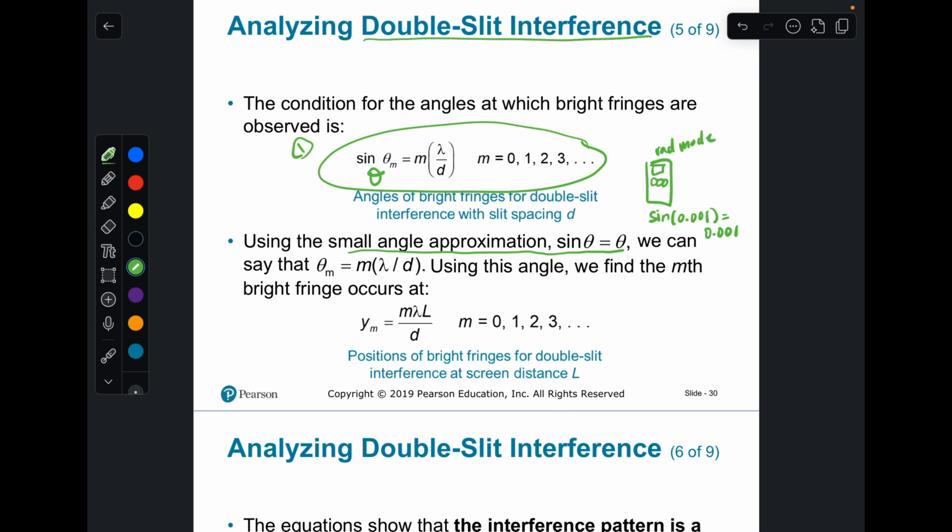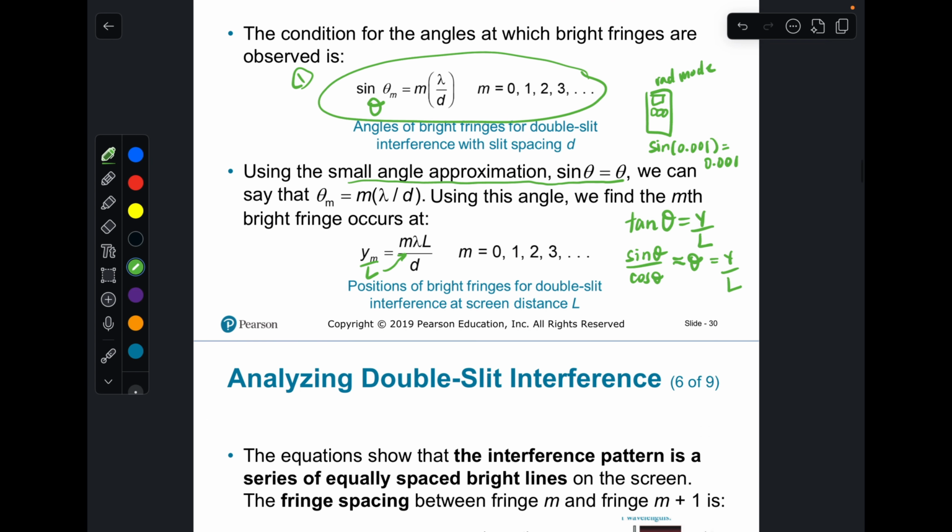So what we can do is we can also make a substitution for y over L. Since we know y over L is equal to tan theta, and tan theta is sine theta over cosine theta, which is going to be equal to theta over the small angle approximation, we can see that theta is also equal to y over L. So now we can replace the left-hand side of equation 1 with y over L. And then what has happened here is they moved L to the other side of the equation.